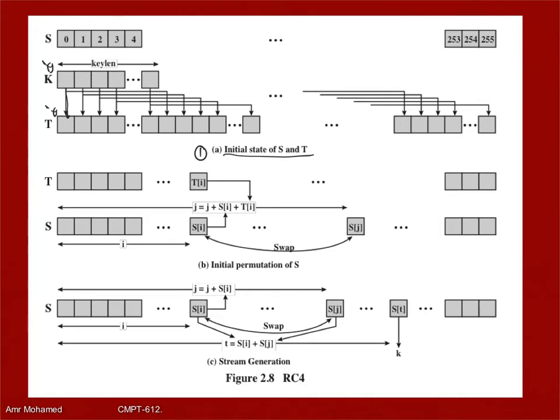So it's actually 256 mod key length, which means that the first character here, you put it in the first character of T. And the second character in the second character, and so on. After you finish the key length, you repeat the same cycle again. You keep repeating that until you finish all the 256 characters.